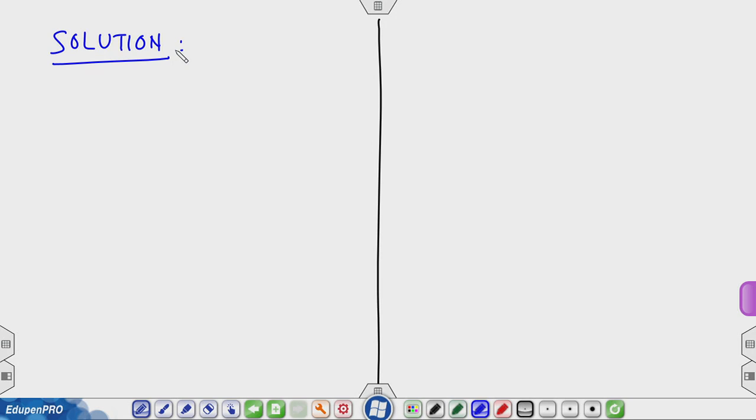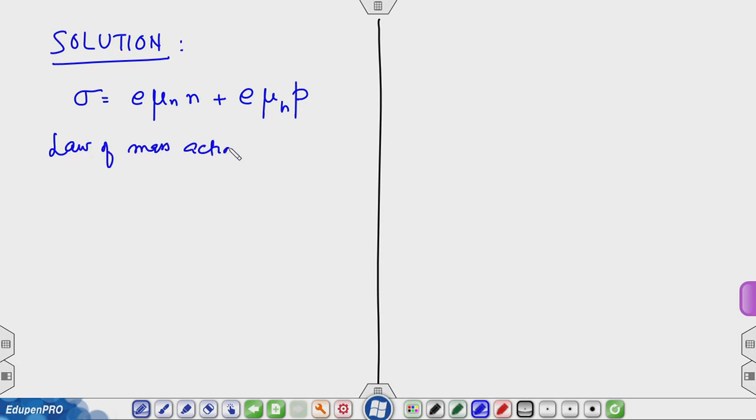So, conductivity sigma is e mu_n n plus e mu_h times the number of holes p. Now, what we have learnt from the law of mass action is that the number of holes is equal to some function of T divided by n.